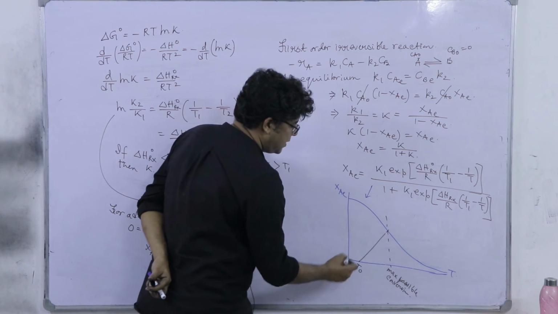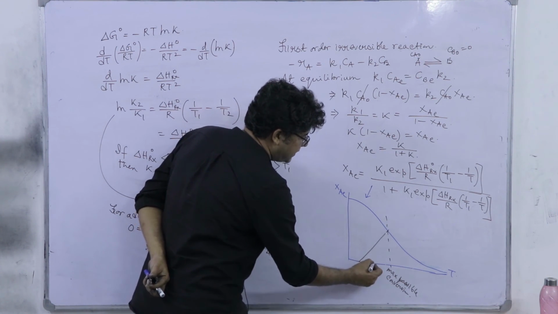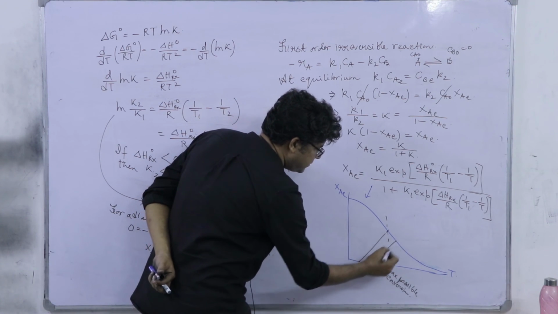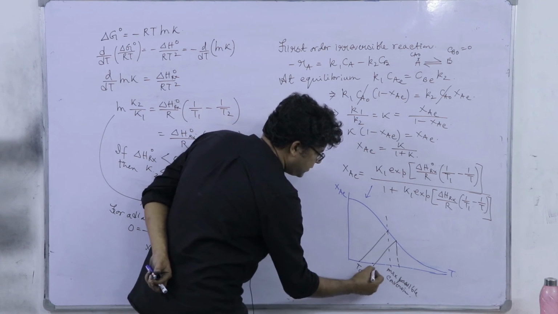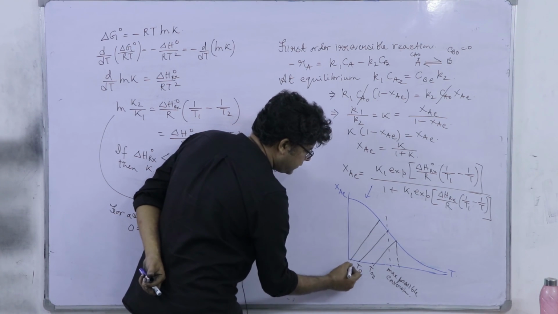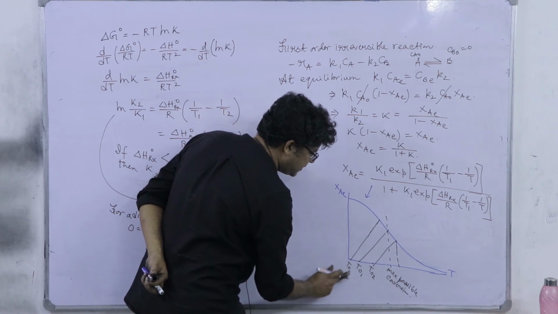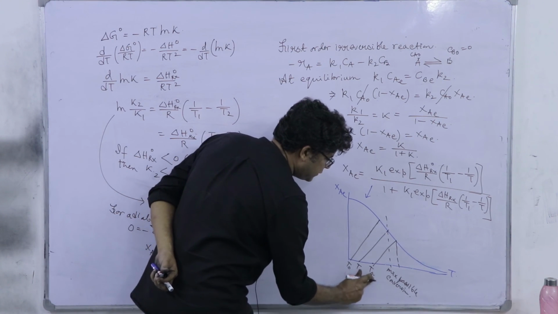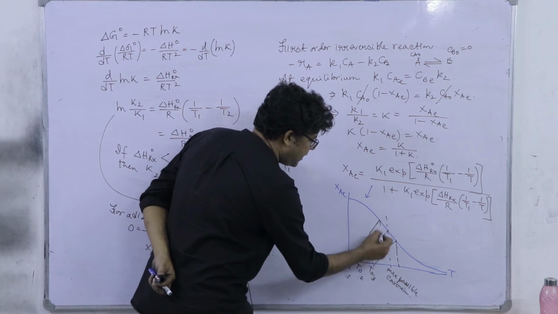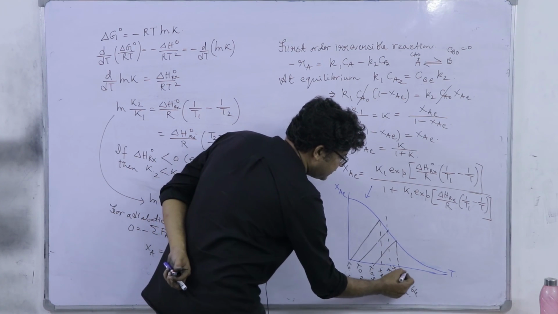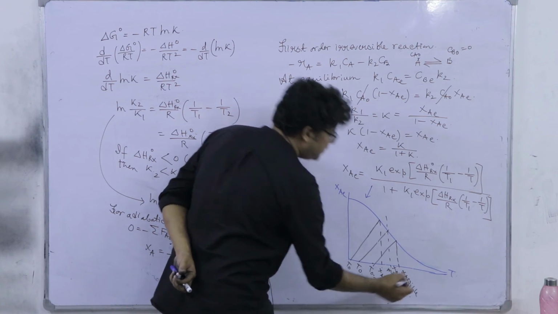Right. If I start with a higher temperature, say this is T01, this is T02, and this is T03, and here it is XAE1, XAE2 and XAE3.